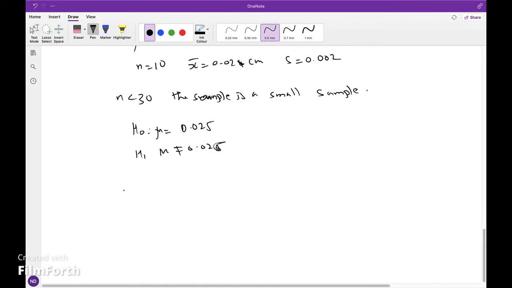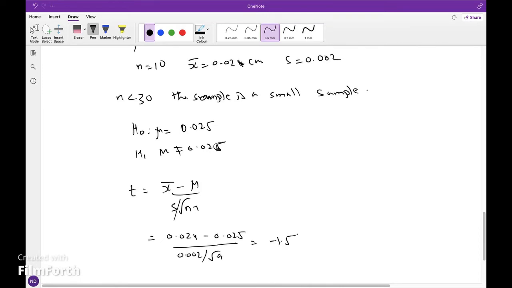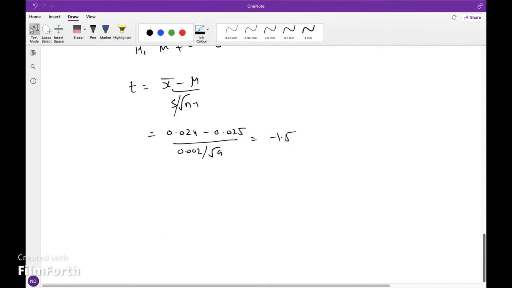So the test statistic t is x bar minus mu by s by square root of n minus 1. That is equal to 0.024 minus 0.025 divided by 0.002 by square root of 9. Use calculator, that value is minus 1.5. Therefore, modulus of t equal to 1.5.